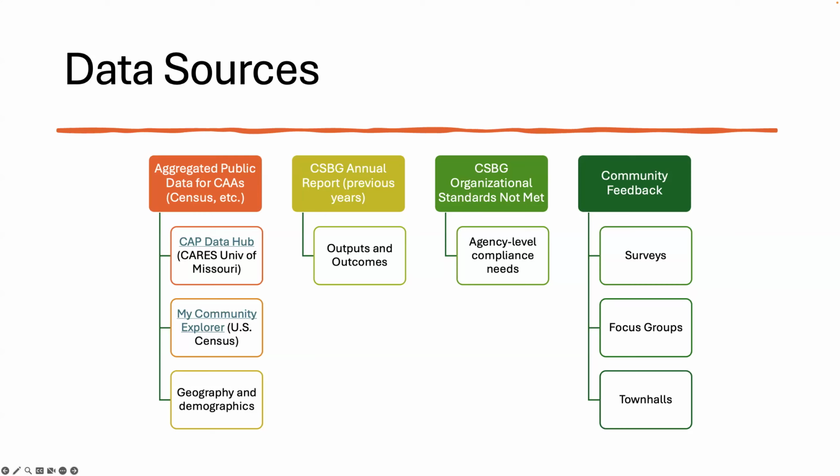Another tool that you can use are any of your CSBG organizational standards that are not met. So if you have those org standards that are maybe difficult to meet or you just have not met yet, those are important to include as data in your plan because not only do we look at what we are going to offer our communities as a whole and to our families and individuals through our programming, we also want to be aware of our agency's capacity to deliver those things.